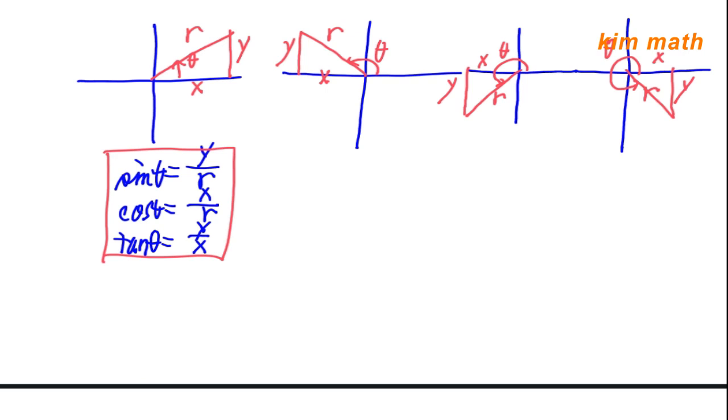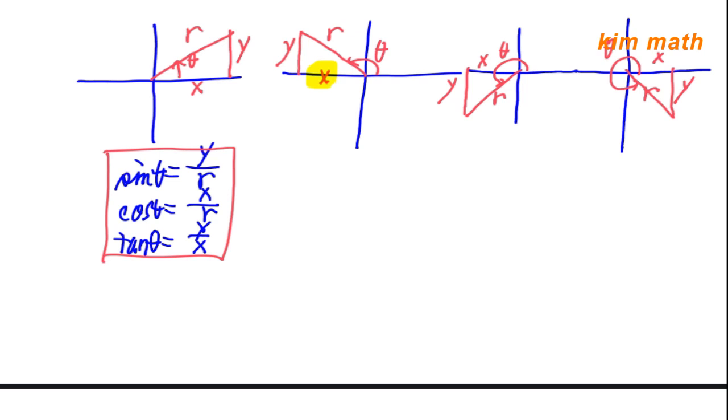And at this point we must remember some values are negative, some values are positive. First, the r value, the hypotenuse, is always positive. Okay, but if your side is on your left side, in the second picture, the x value is negative.